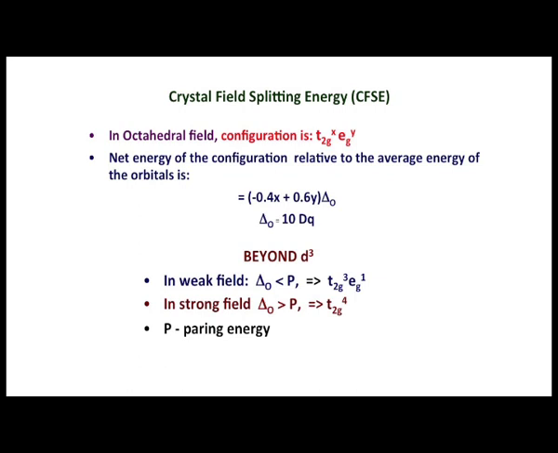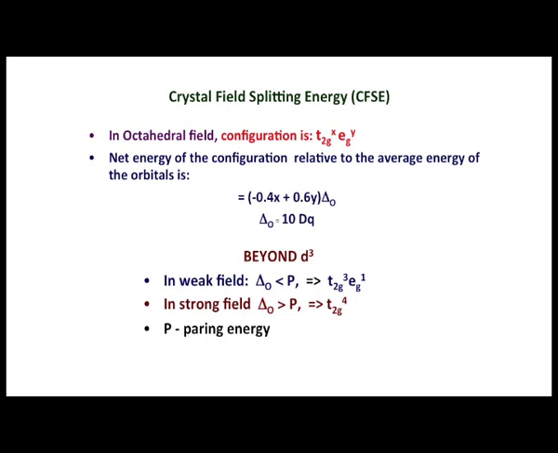But for the strong field ligand, which we just saw for the cyanide group binding to the cobalt 3 center, delta O is greater than P, the pairing energy. So, this delta O will be higher, and that is why the fourth electron will come to the t2g level, which is t2g4.